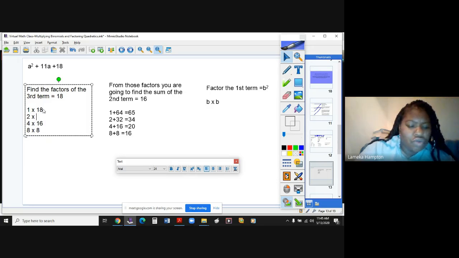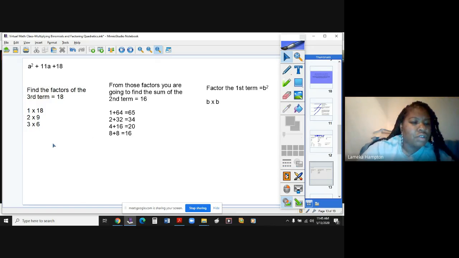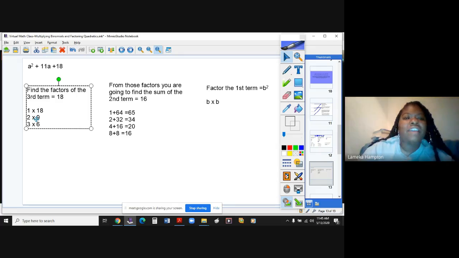And I'm going to go to 2 times 9. And then I'm just going to put in here 3 times 6. And I'm going to go ahead and delete this last one. Okay. So these are all my factors that if I multiply them together will give me 18.